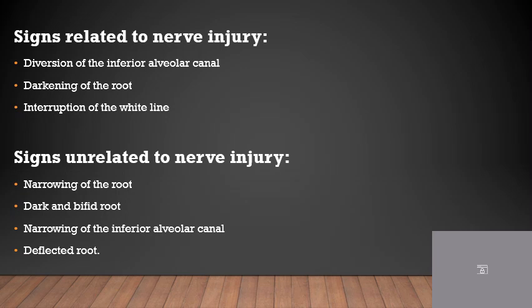Discontinuity of the white line is considered to be one of the threatening ones, because if a discontinuity of the white line is seen, then there is a chance of communication between your inferior alveolar neurovascular bundle and your root surface.